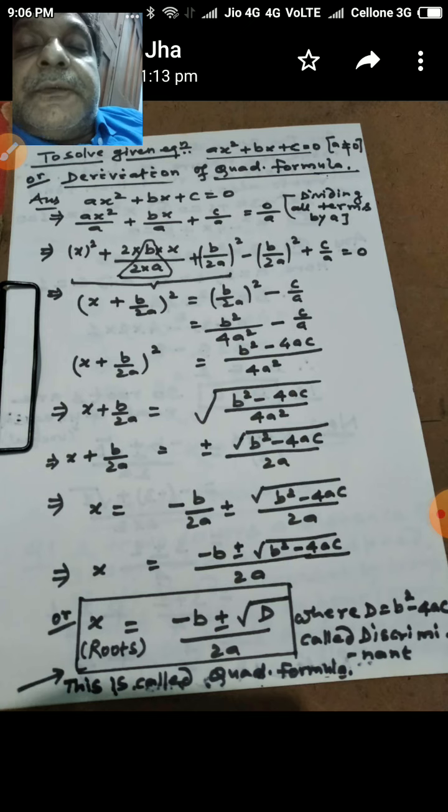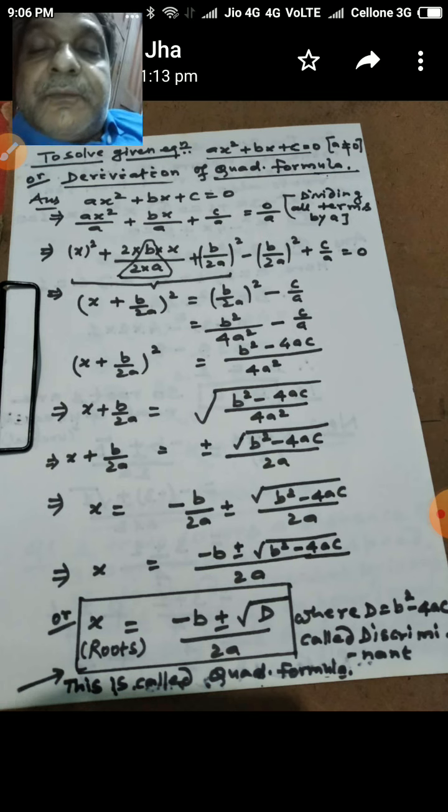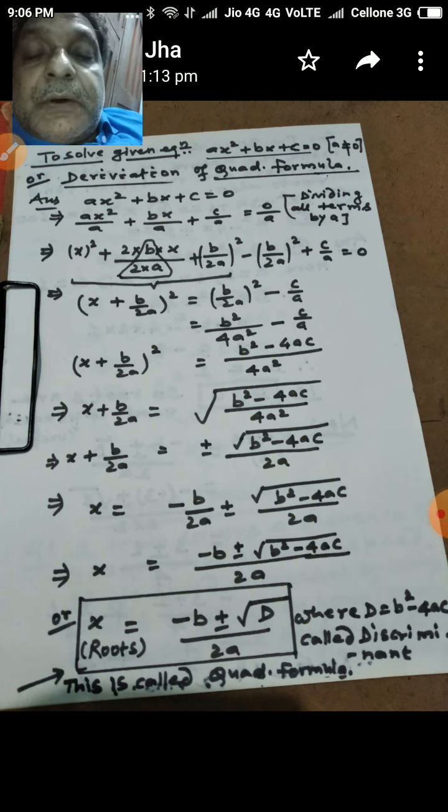After that we have seen two methods of solving quadratic equation, one by factorization method and another by completing the square method. Taking suitable examples, we have discussed these.